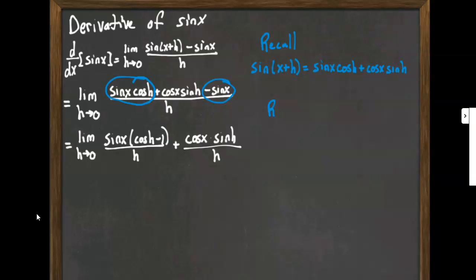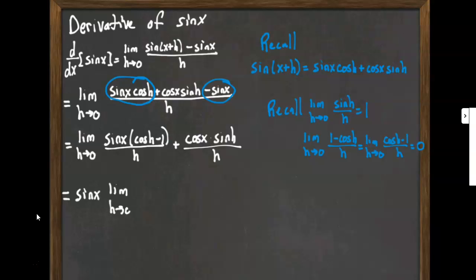But as we're doing that, recall we have two limits that we learned previously: sine h over h, which we did with the sandwich theorem, is equal to 1. And by doing some manipulation of 1 minus cosine h over h, or cosine h minus 1 over h, we can show that that limit is 0.